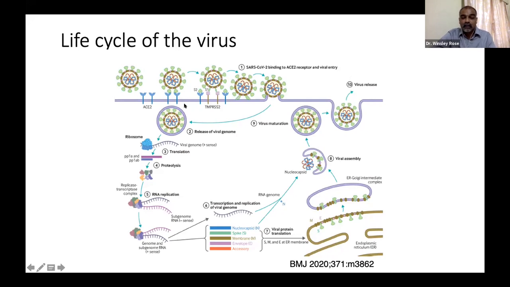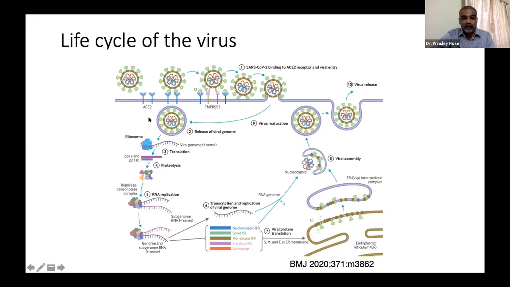Now, the important parts to this are, I told you there is this transmembrane serine protease, which is also a target for a particular drug called camostat, a serine protease inhibitor. So it is one of those areas where it can work to prevent entry of the virus into the host cell.